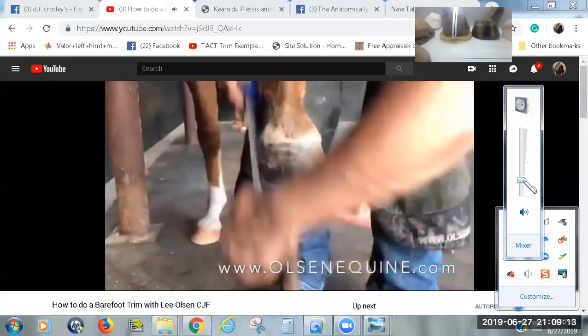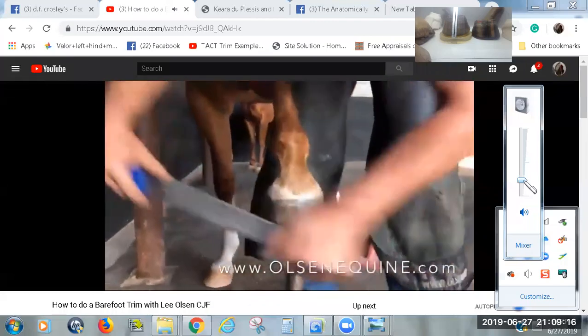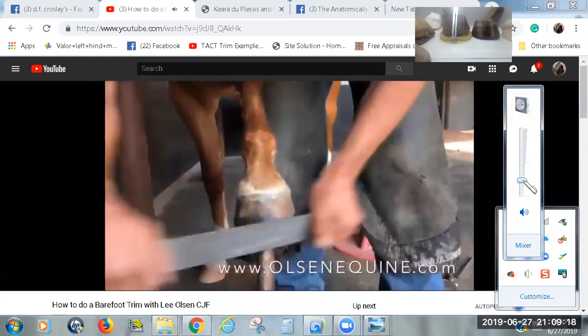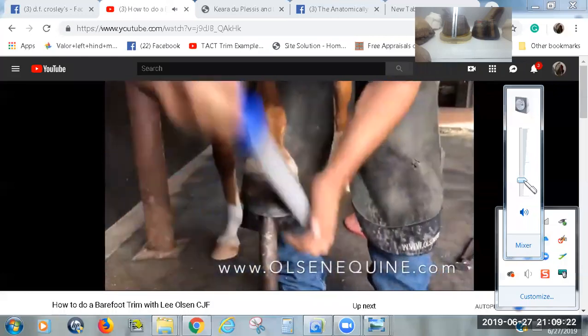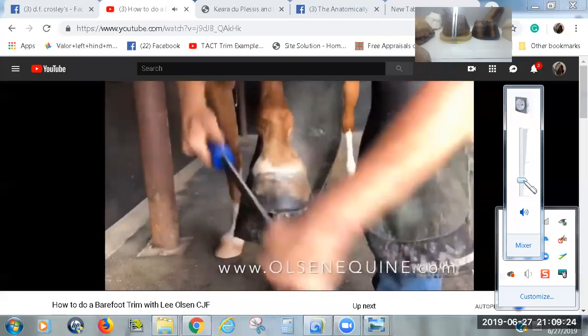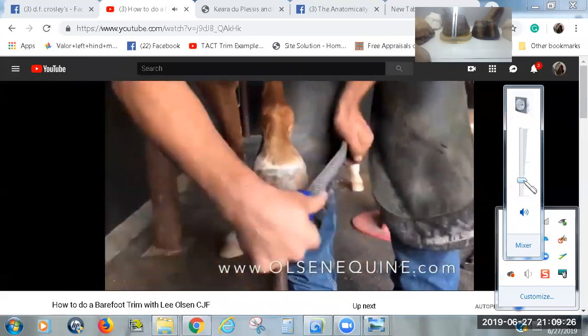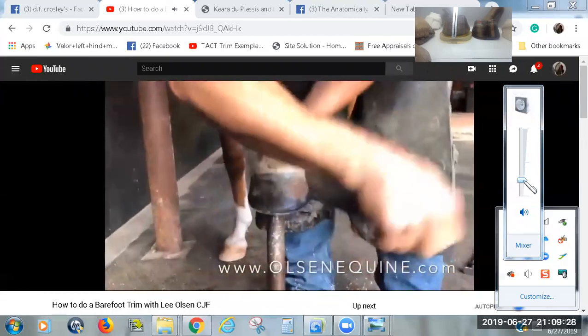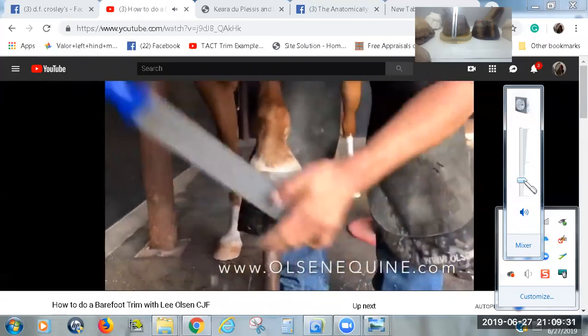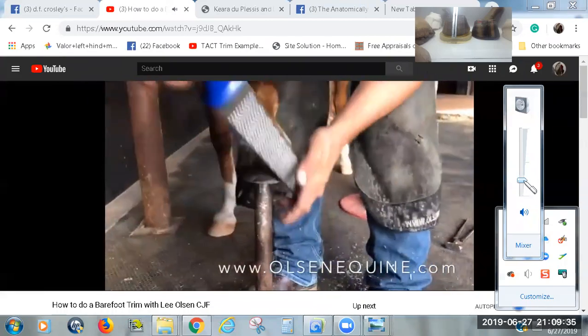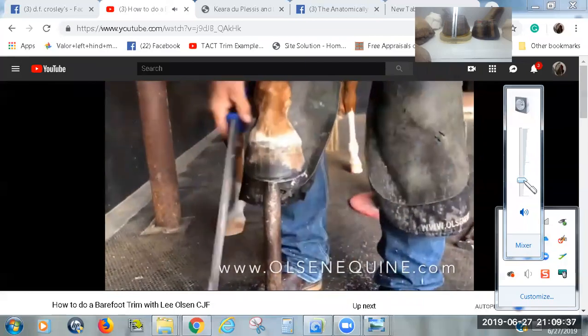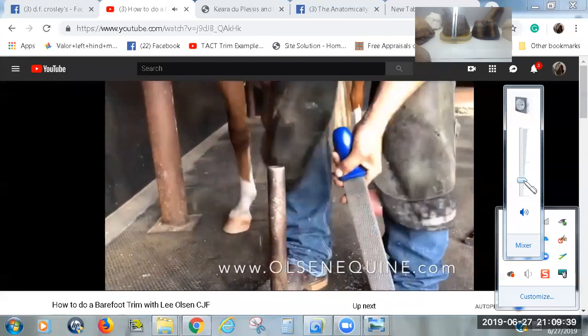Now I'm going to come in and finish it off. So it should be very comfortable for you to run your hand around, no rough edges at all.